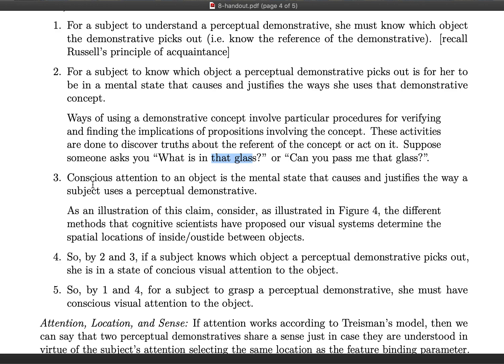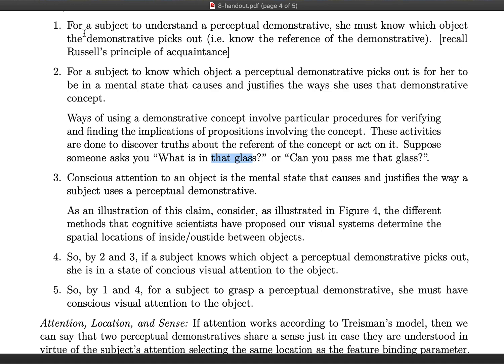Okay? So by premises 2 and 3, we can put them together to say that if a subject knows which object a perceptual demonstrative picks out, she's in a state of conscious attention to the object. And then we put together this subconclusion 4 with the first premise, which is that knowing what object is in question is required to understand a perceptual demonstrative.